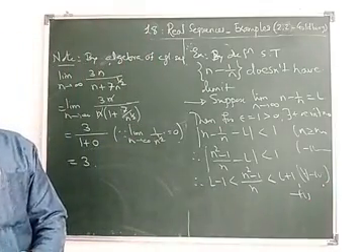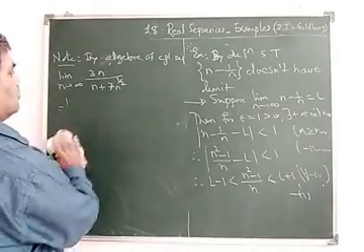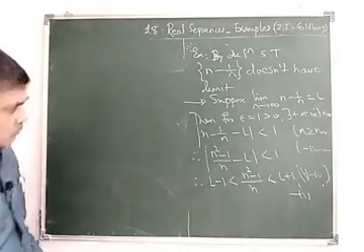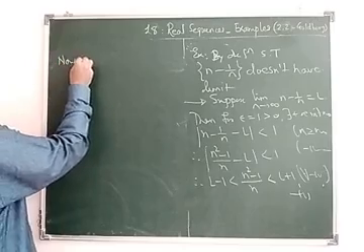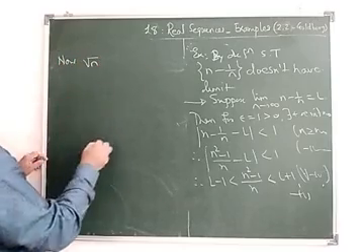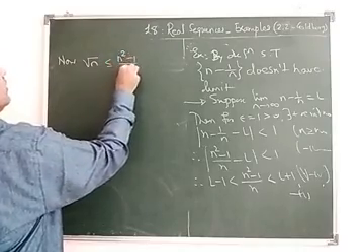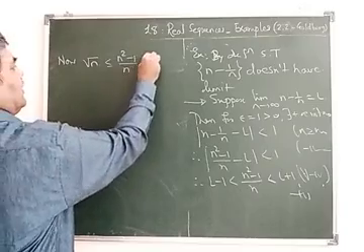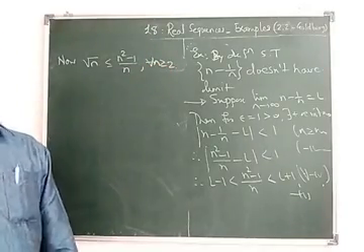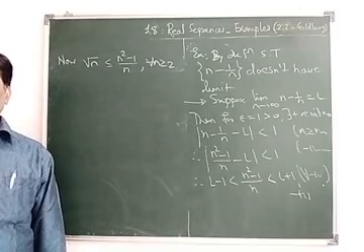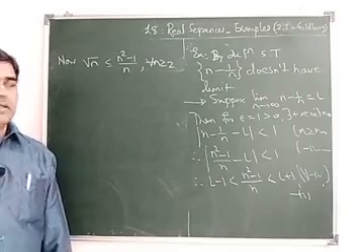Now you can observe that root n is less than or equal to n square minus 1 upon n for every n greater or equal 2. Root n is less than or equal to this. Okay.